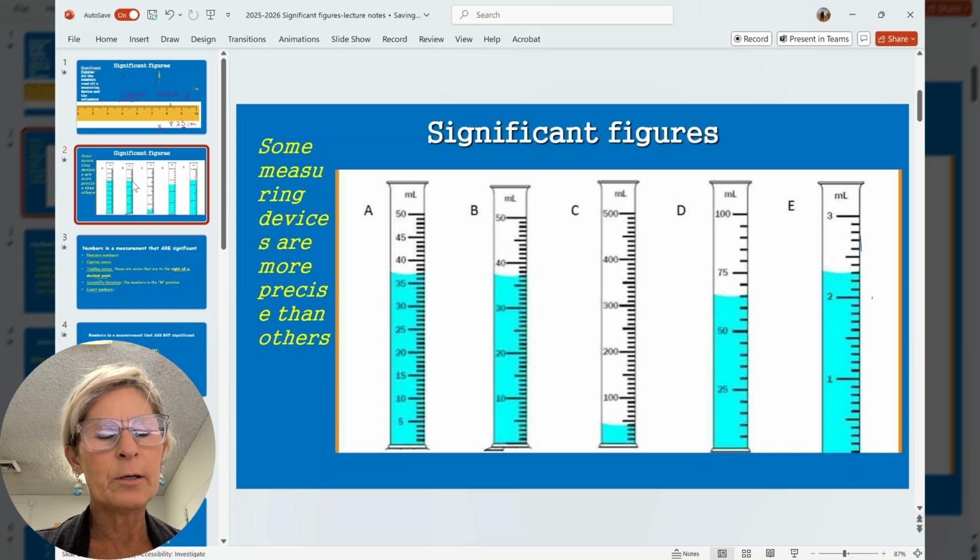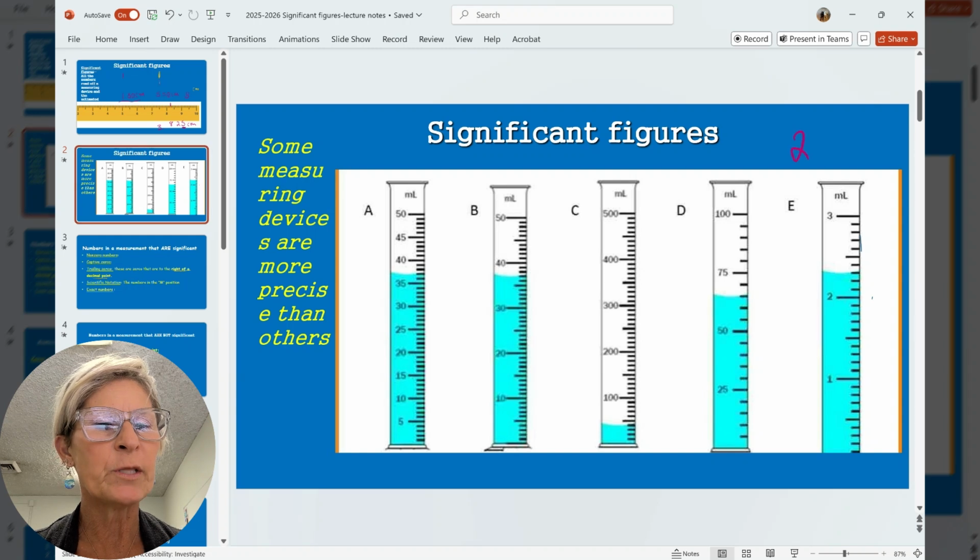Same thing here. As I'm looking at my measuring tools, the first thing I have to do is figure out what increments each of my graduated cylinders is increasing by. Here I've got a 2 and a 3, so they're going to increase by 2.1, 2.2, 2.3, 2.4, 2.5.